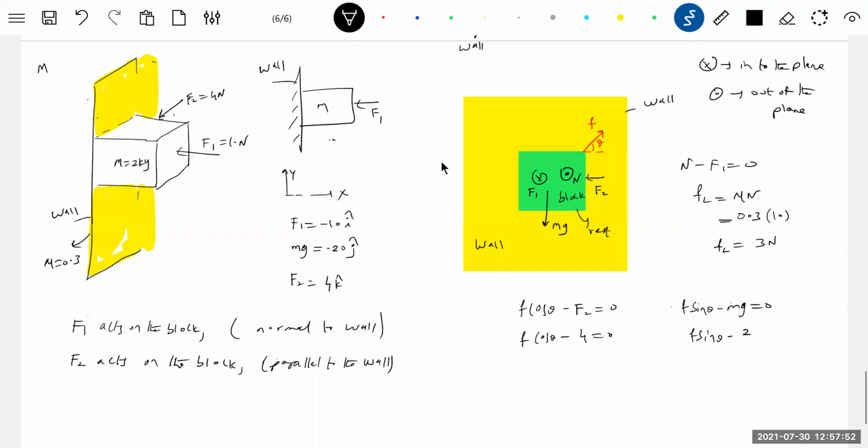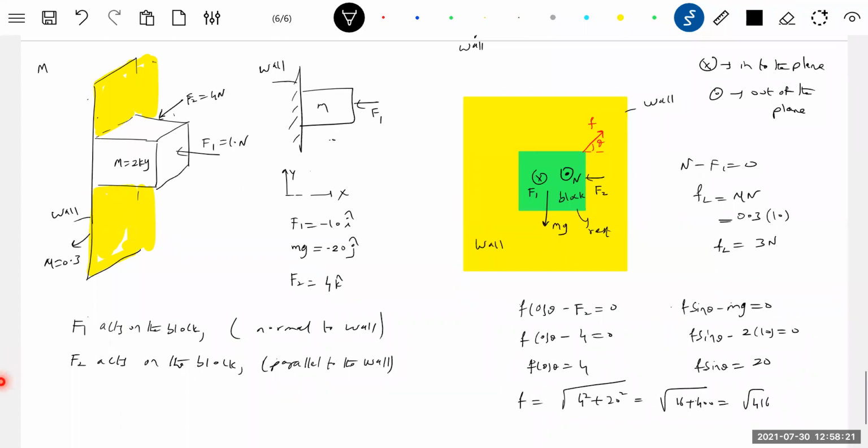Mass of the block 2 into 10, so 20 Newton it is. So f cos theta equal to 4, f sine theta equal to 20. We'll square and add them: 16 plus 400, 416.